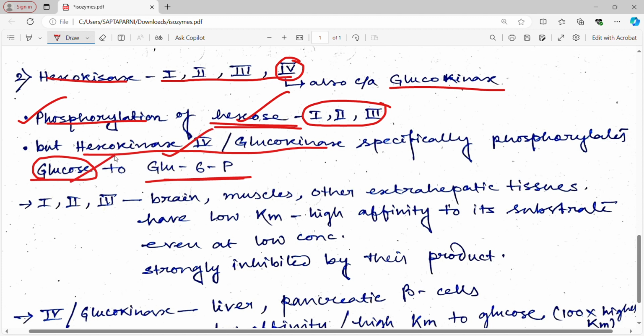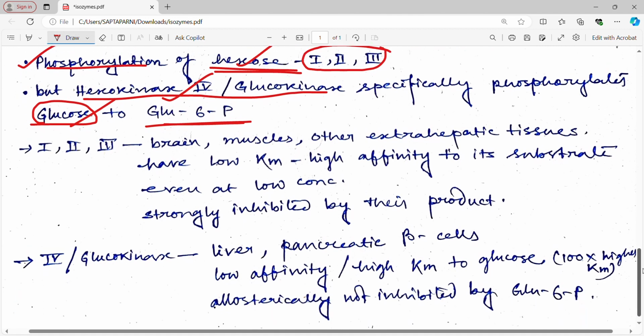Now, what are the differences between hexokinase 1, 2, 3 and the fourth hexokinase, glucokinase? Hexokinase 1, 2, 3 are mainly found in brain, muscles and other extrahepatic tissues, but glucokinase or hexokinase 4 is mainly found in liver and pancreatic beta cells.